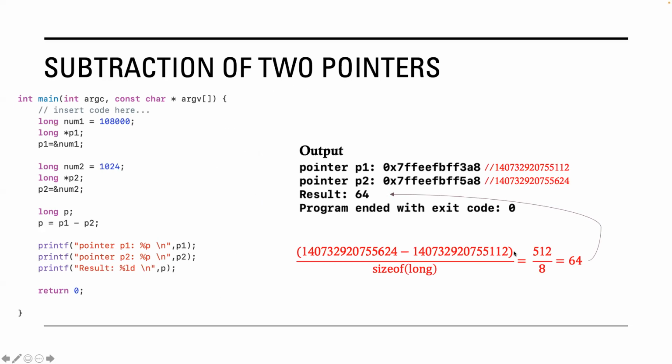If you run this code, you will get 64 as the result, because the difference between these two addresses is 512, and the size of long data type is 8. If I divide 512 by 8, I get 64.